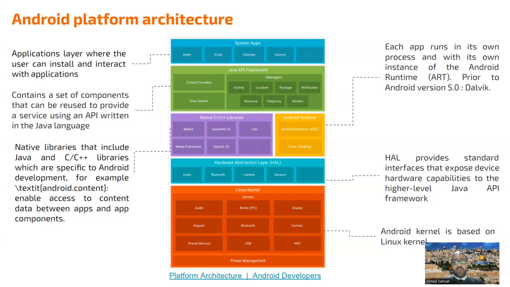This layer is a standard interface that exposes device hardware capability to the higher-level Java API framework. The final layer is called the kernel layer. This layer contains the hardware drivers. It is the lowest layer for each request from the user. Requests are logged as system calls to reach the kernel level in Linux.